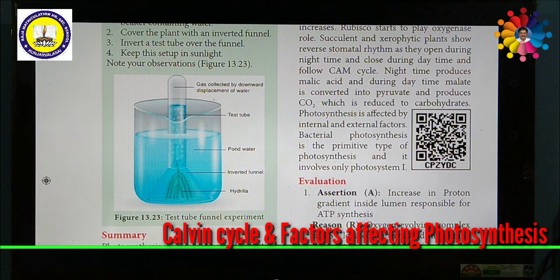Reaction centers in plants are P700 and P680, that is photosystem 1 and photosystem 2. But in bacteria, the reaction center is P870, photosystem 1. The reducing agent in plants is NADPH plus H plus, but in bacteria it is NADH plus H plus. Photosynthetically active radiation in plants is around 400 to 700 nanometer, but in bacteria it is 700 nanometer.